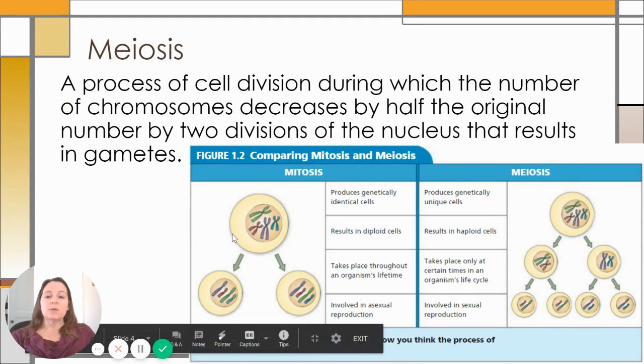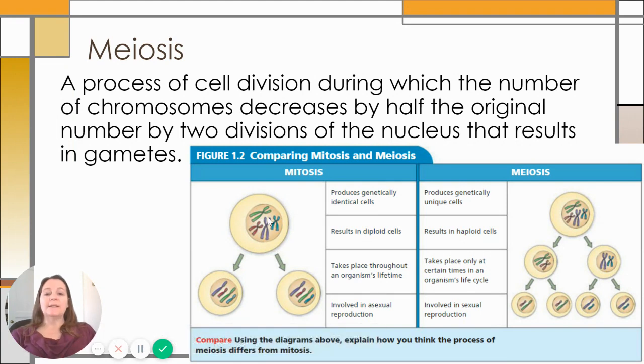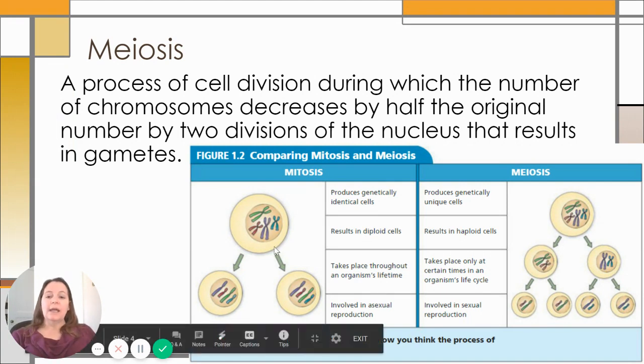In mitosis, we start with a normal body cell, a somatic cell, and it essentially replicates itself. The daughter cells are identical to the parent cell, and the daughter cells are identical to each other. They are also diploid cells.